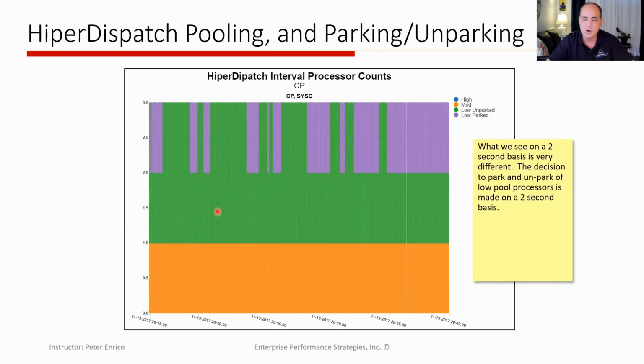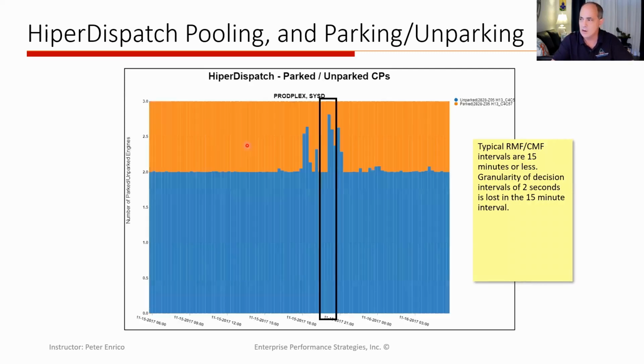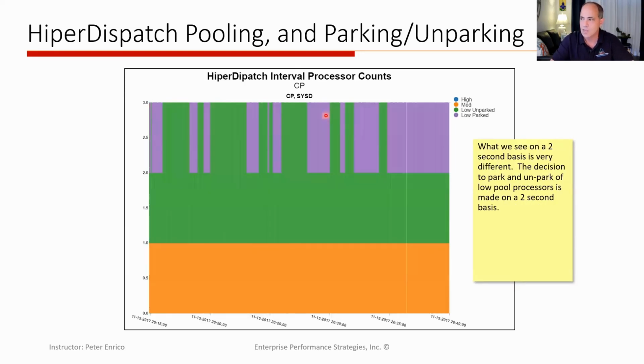We had one low pool processor that was regularly unparked. That's what gave me the two CPUs on the previous slide. So now I know which processors I had unparked. And what we have here at the top is the parking and unparking every 2 seconds. Here we see this big block, and here we get a more granular view of how it parks and unparks every 2 seconds.